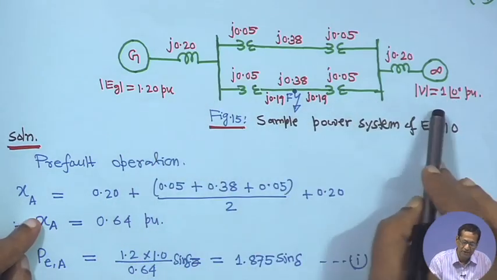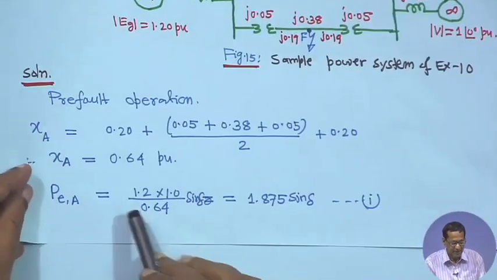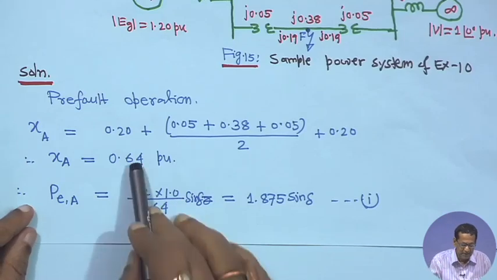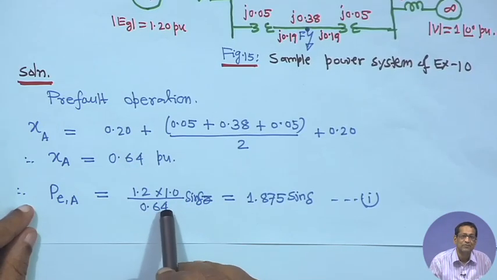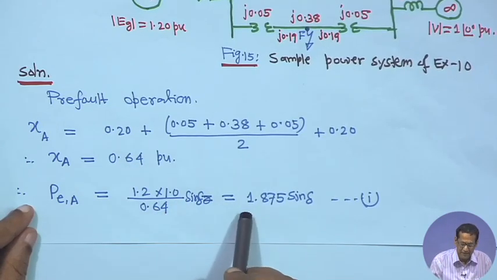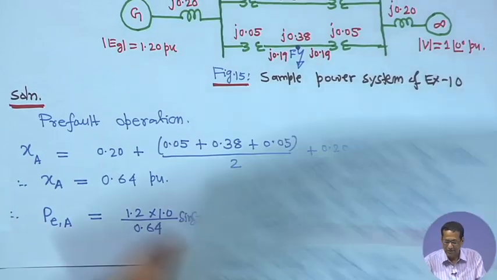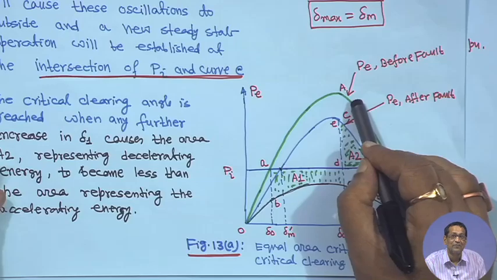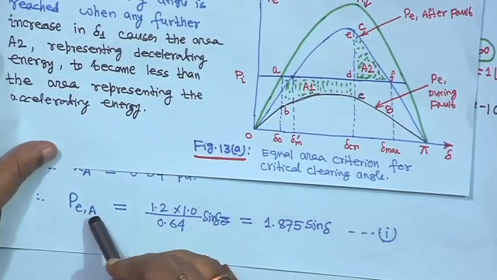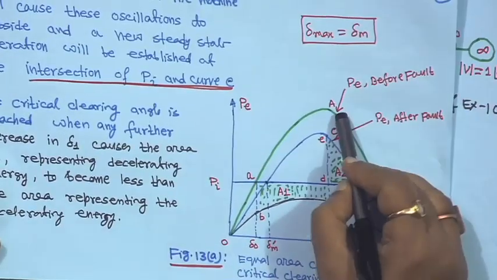Throughout this, these two voltages will not change. So, it will be 1.2 into 1 divided by x a, 0.64 sin delta, which becomes 1.87 sin delta. That will be your green color graph. That is why I am calling it P A, graph A.